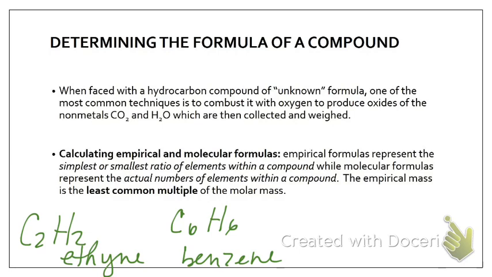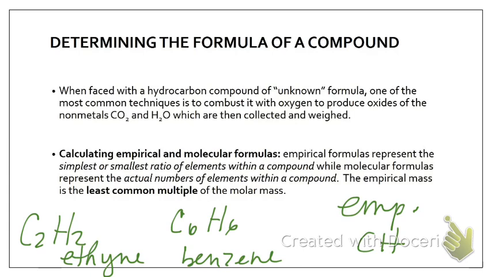Ethyne is a gas, benzene is a liquid, and it happens to be a carcinogen as well. But if I did a percent composition on those, they would come up with the same ratio of carbon to hydrogen, right? Then I would try to figure out their formula. Their empirical formula would be CH. That's the simplest ratio.